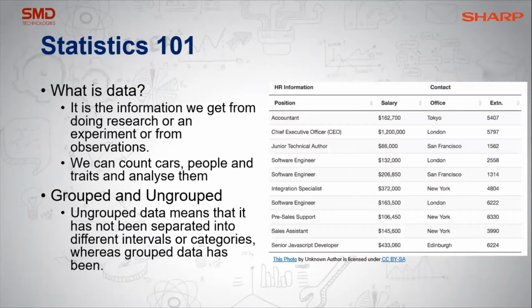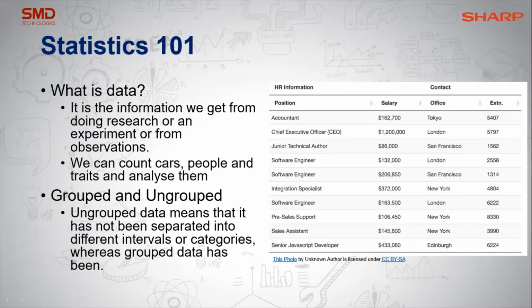Cool. So firstly, what is data? Data is the information that we get from doing research or an experiment or from observations. So if you look at my picture on the right, it's the position as well as the salary and the office and the extension. And of course, all of this is different information. So we can count cars, we can count people.